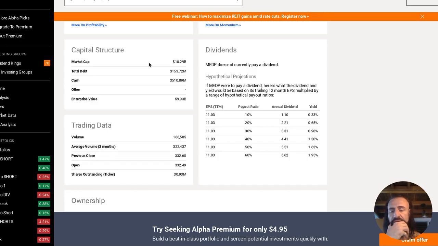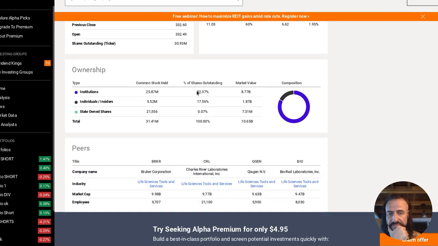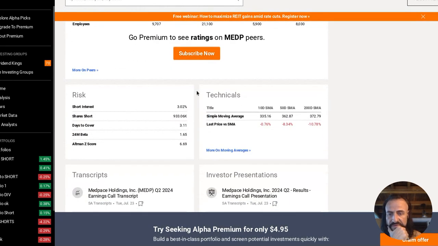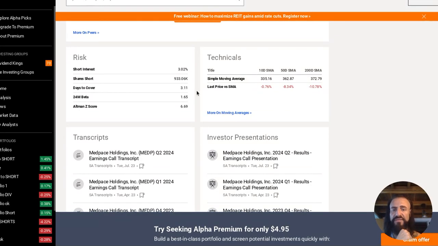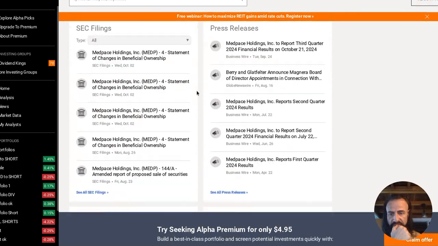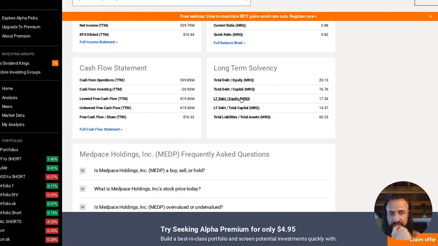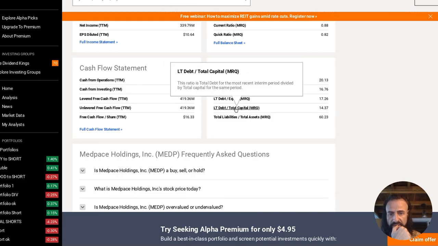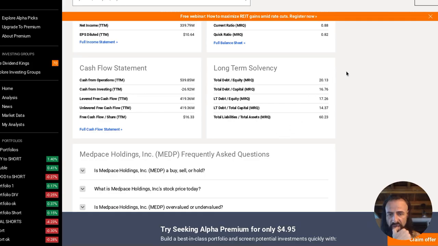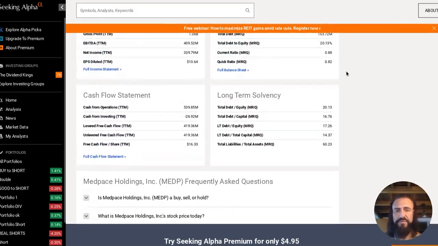Market cap about 10 billion, half a billion in cash. 3% of the short interest. It looks good on paper.